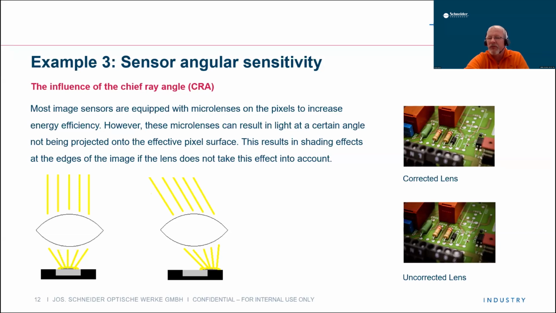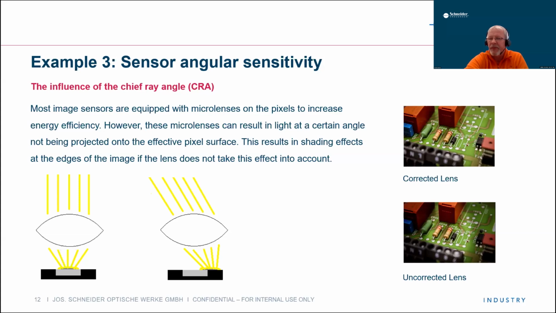So, and this will affect in dark corners, as you see in the examples of the corrected lens and the uncorrected lens. Especially the second Sony Pregius generation was very, very sensitive here. And many of the lenses on the market have shown these shading effects with these kind of sensors.